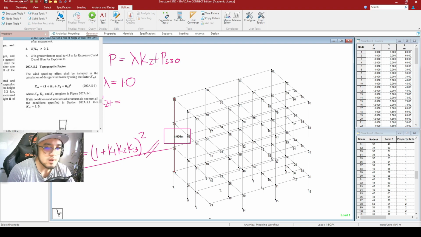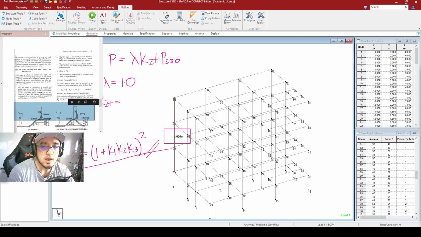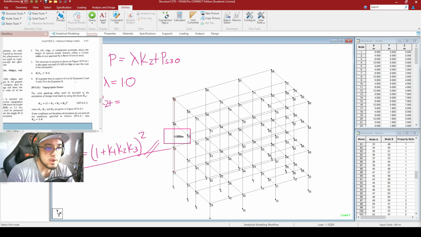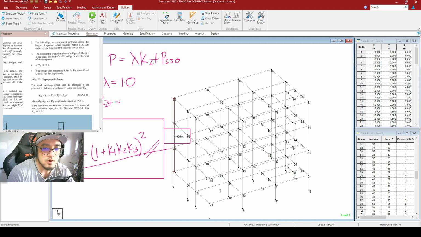But take note, guys, that you can only make use of this particular equation if you satisfy all of these conditions. So we have 5 conditions. For us to make use of this particular equation right here, all of those 5 criteria must be present. So if site conditions and locations of structure do not meet all of the conditions specified in this particular section, we would be making use of KZT equal to 1.0, as indicated in this lower portion right here.